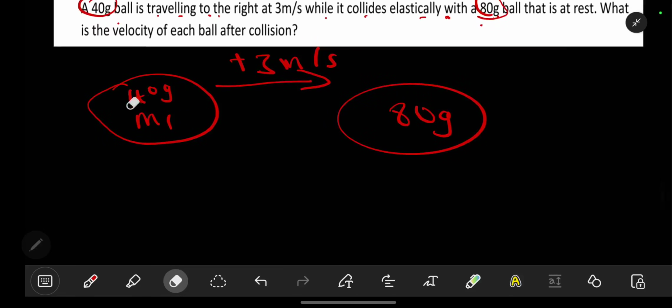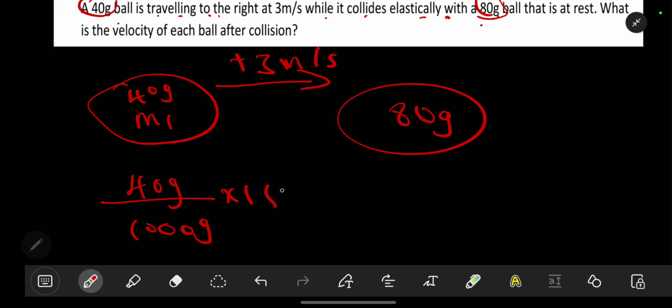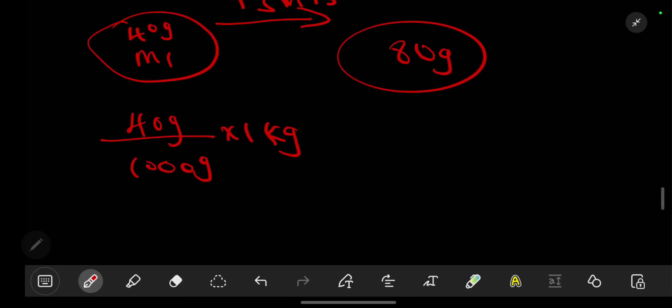The simple way of converting from gram to kg is to divide by 1000. If you are converting from grams to kg, just divide by 1000 grams, then multiply by 1 kg. So we get 40 divided by 1000, which gives 0.04 kg, equal to mass number 1.